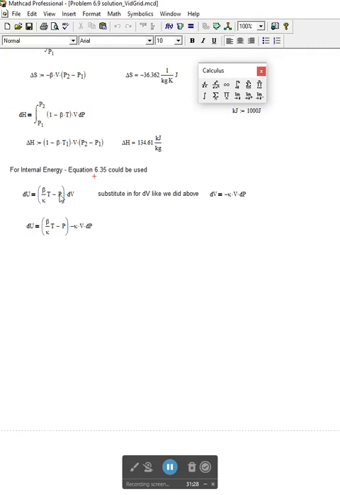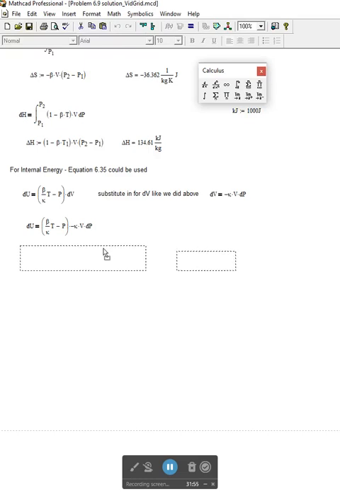We make that substitution, so this term stays the same. This just gets copied directly down, and where we see dV, we put in minus kappa times V times dP. We can then integrate this from P1 to P2.